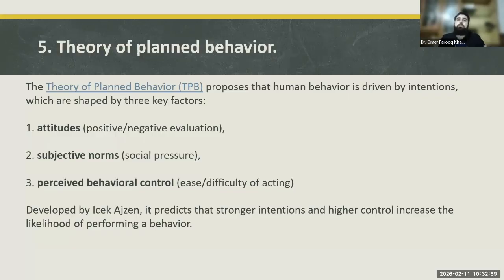Their intentions become more and more positive. And when they see many people doing regular exercise around them, they also think, oh, we should also do exercise. And perceived behavioral control is whether they can stick to the routine of exercising regularly or not.